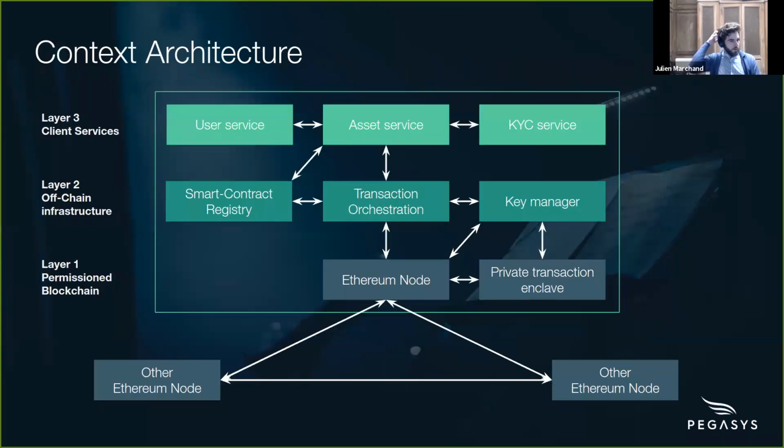So on this slide is an example architecture to give you some context and try to illustrate the later discussion. So on the top layer, you have the client services.